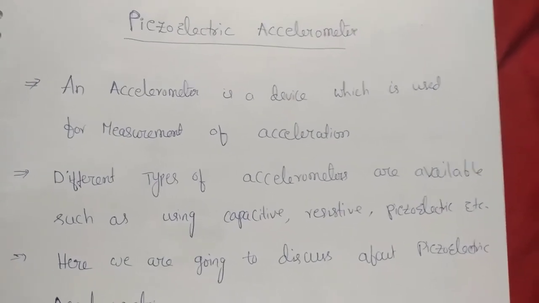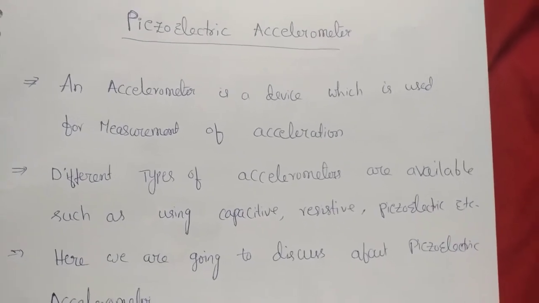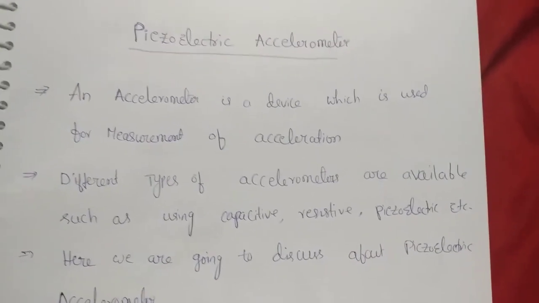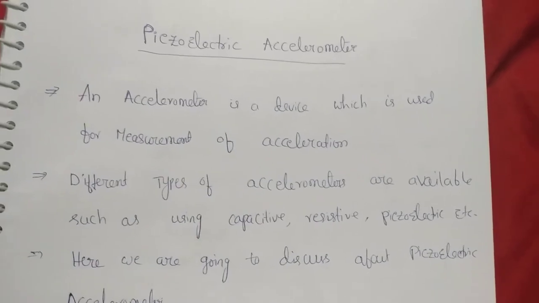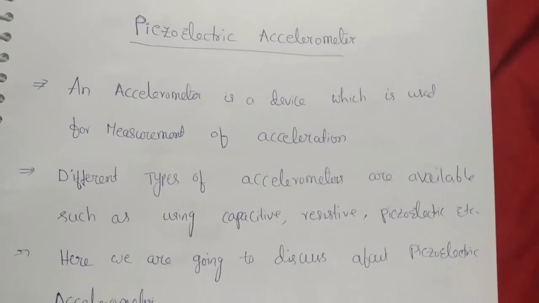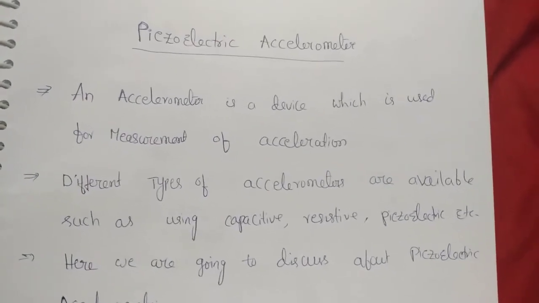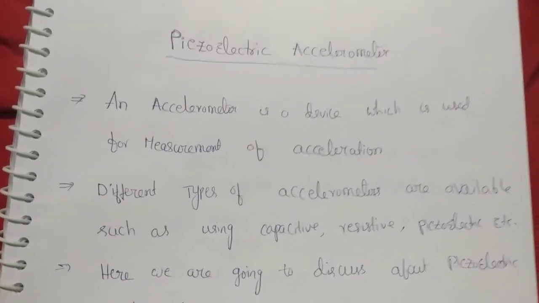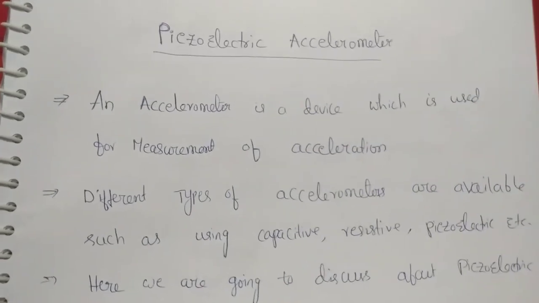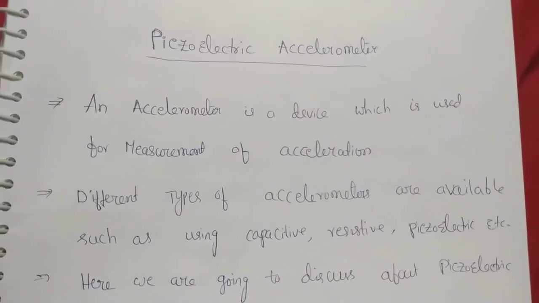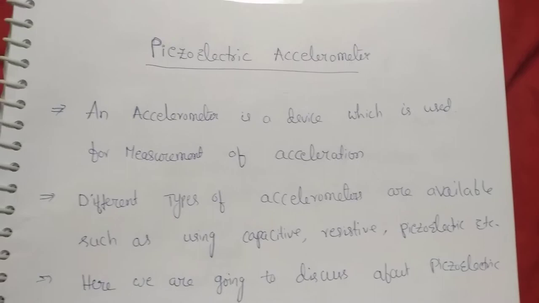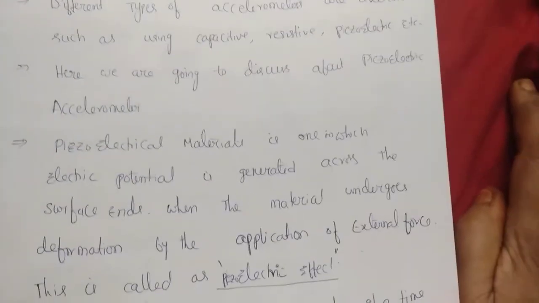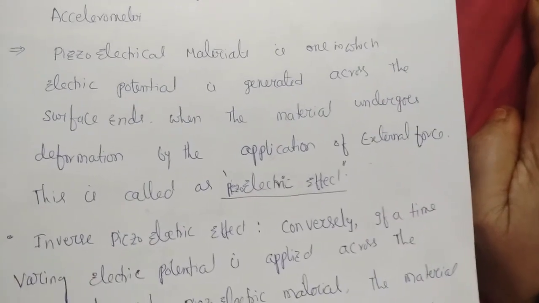Different types of accelerometers are available, using capacitive property, resistive property or piezoelectric property. Out of these, the most commonly used and very important one among active transducers is the piezoelectric transducer. So here we are going to discuss the piezoelectric accelerometer.